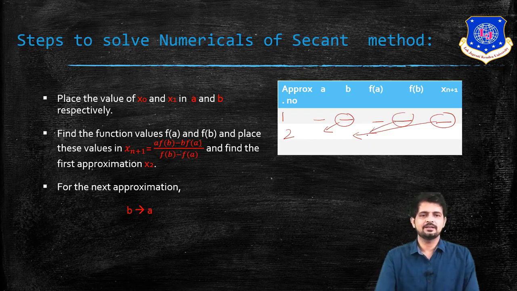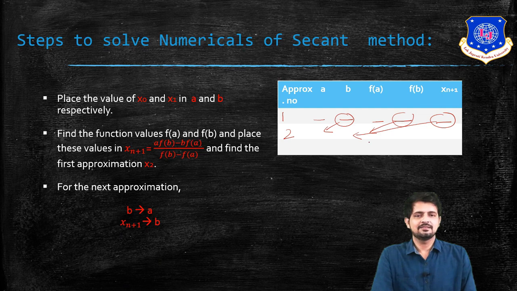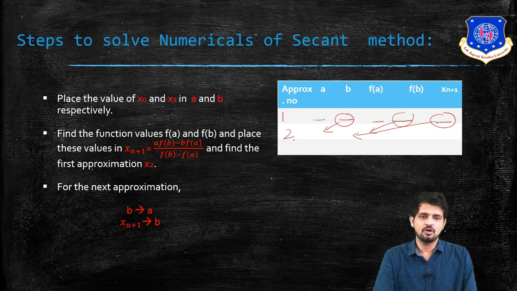Once again, I am repeating. You have to place the value of b in a without checking any condition. There is no need to check any type of condition in this. So you have to place just the value of b in a and value of xn plus 1 in b. So as we have placed the value of b in a, so f of b will be placed in f of a. It's obvious. Okay.